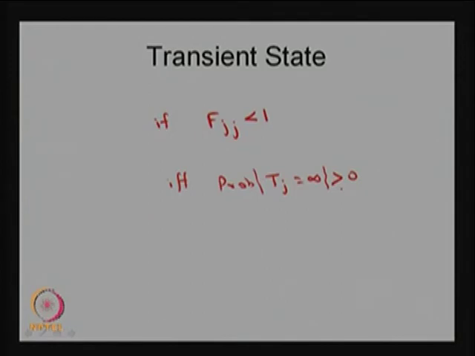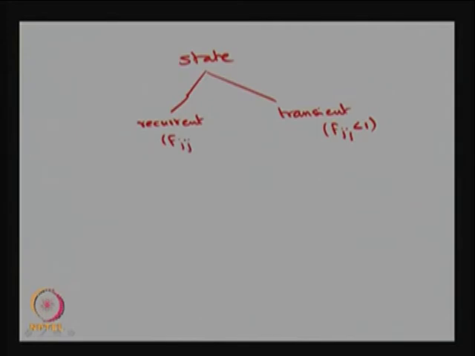So, based on this I can come to the conclusion that any state could be recurrent or transient. That means transient corresponds to f j j less than 1 and recurrent corresponds to f j j equal to 1.